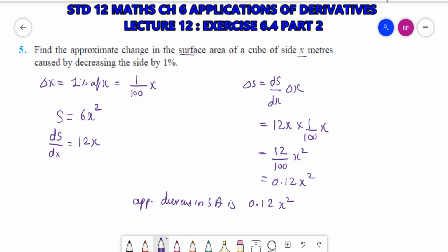So this was about question number 5. So just note it down. Or else you can also write down that the change is minus 0.12x square, because here 1% decrease, so I can take minus. If you are using that it is decreasing, then by 0.12x square; the change is minus 0.12x square.